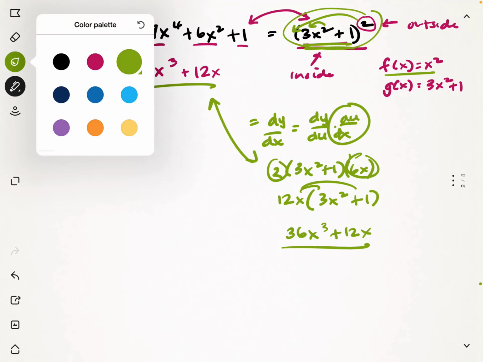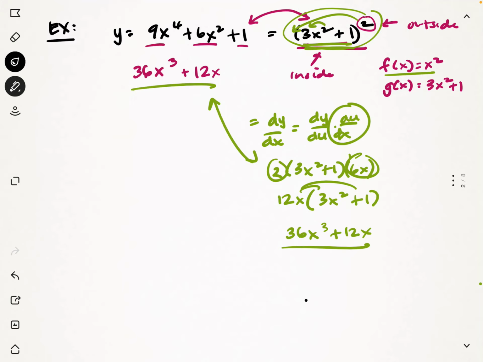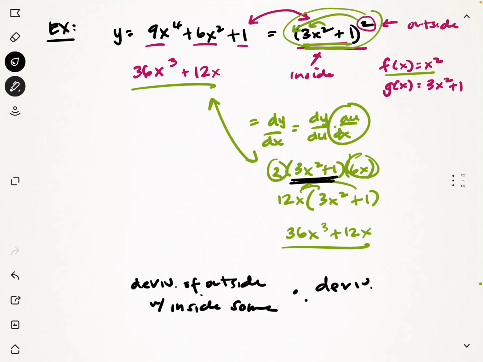So again, the chain rule says to do the derivative of the outside with the inside the same, right? We didn't change the inside when we did the derivative here. And then times the derivative of the inside.